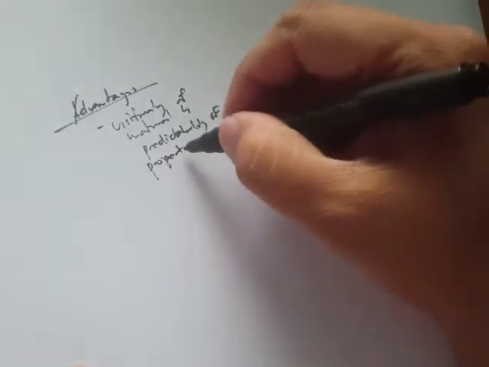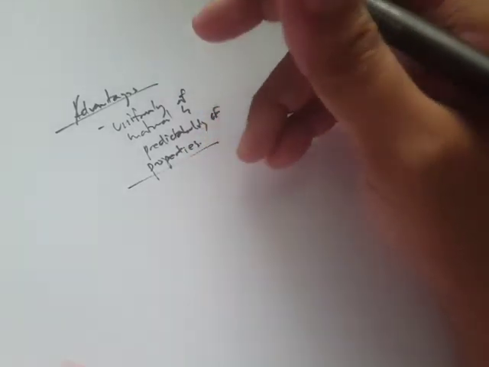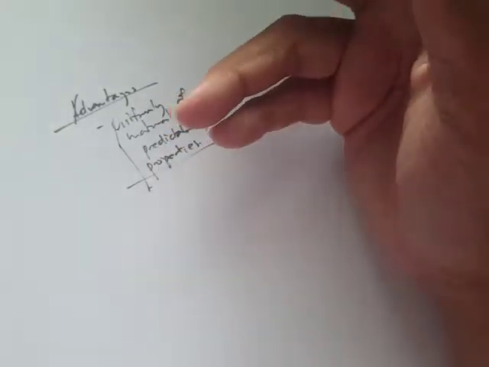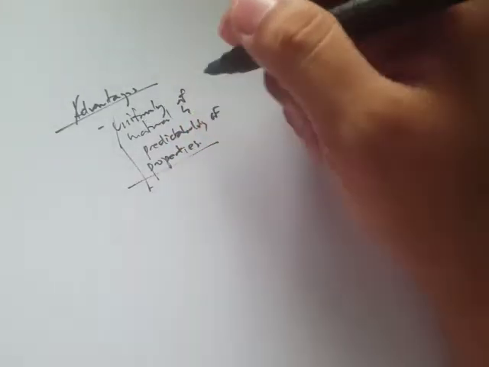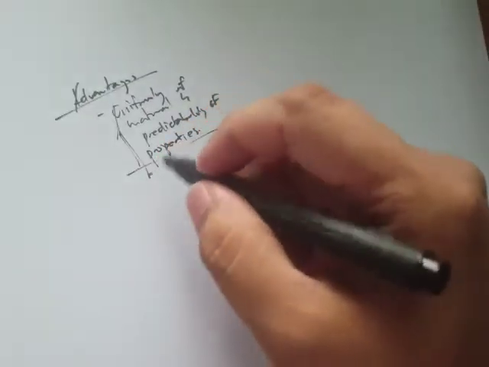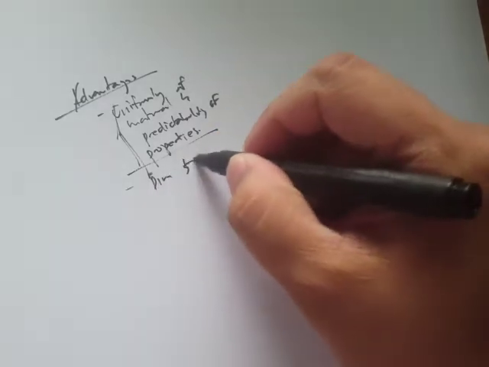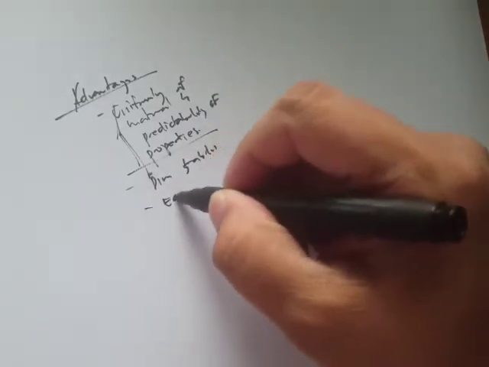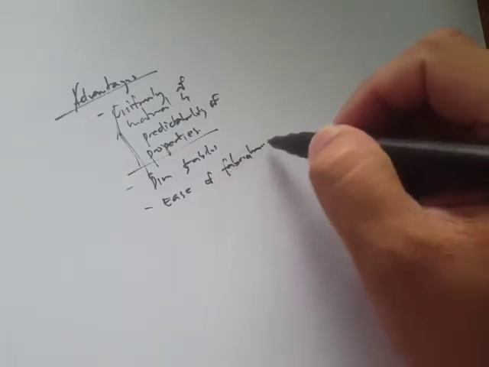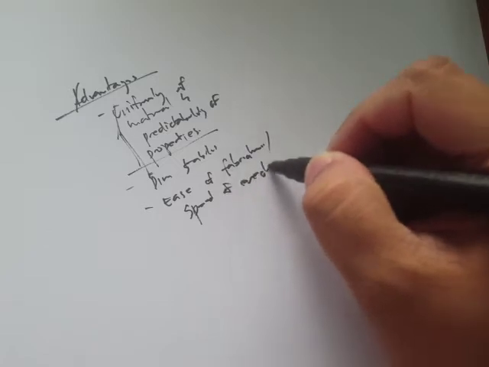The properties are already tabulated in tables, and of course if you want to determine the actual property, then you can have it tested. And the other one is dimensional stability and ease of fabrication. Okay, and probably speed of erection.